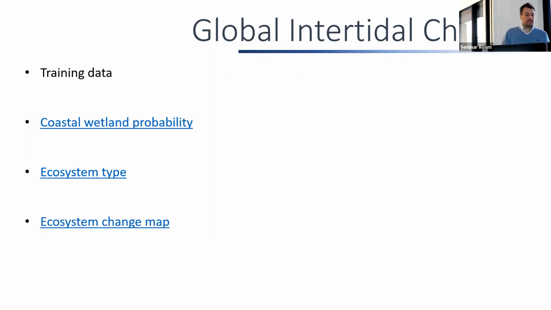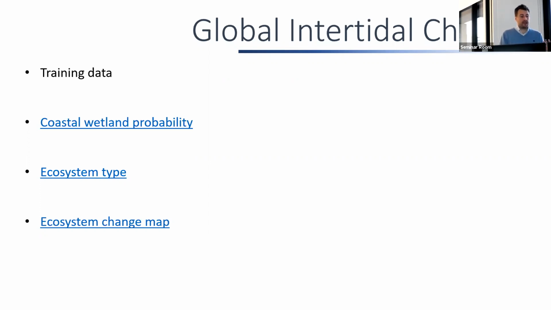So to get around this, we developed a third classification model that sought to identify, with really high accuracy, places where intertidal ecosystems have been lost or gained. And there's a training data set of about 1,700 points that represent confirmed change in coastal ecosystems.